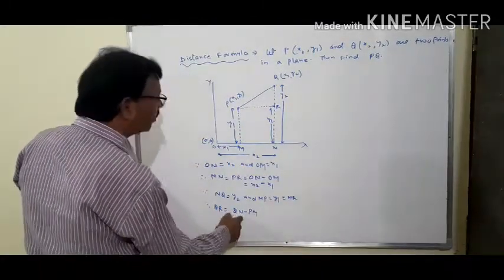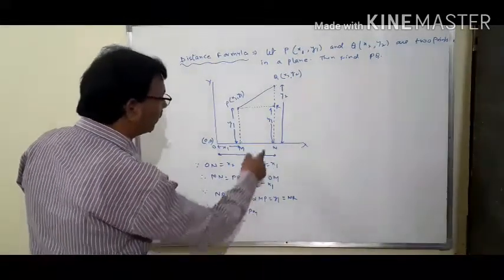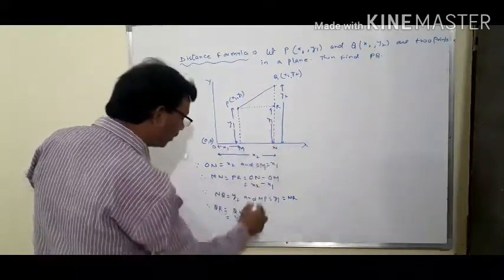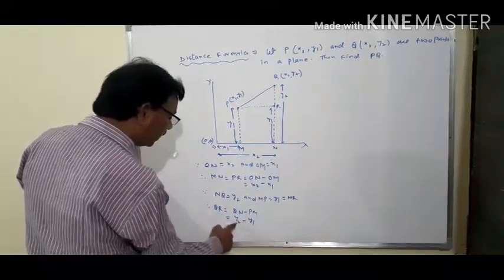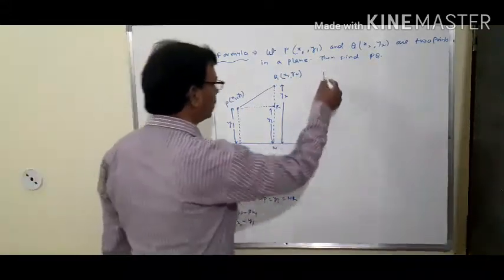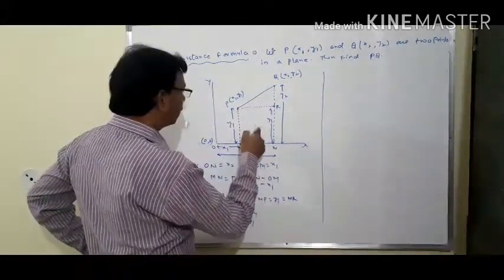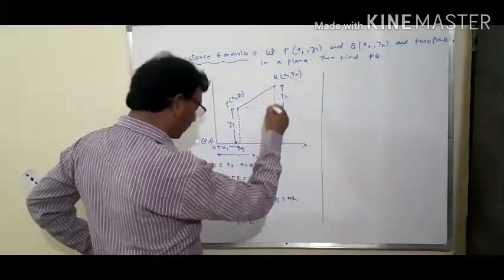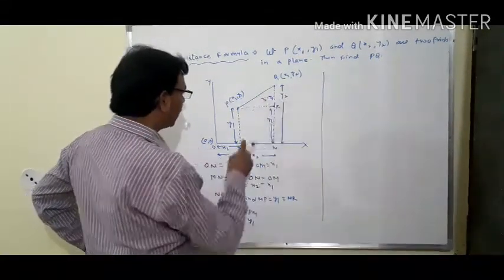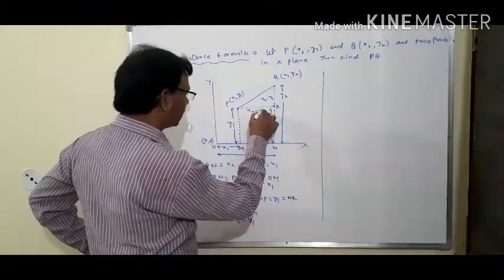That means NQ equals y2 and NR equals y1. This is the distance between Q and R. Now we can find QR equals y2 minus y1, and PR equals x2 minus x1.